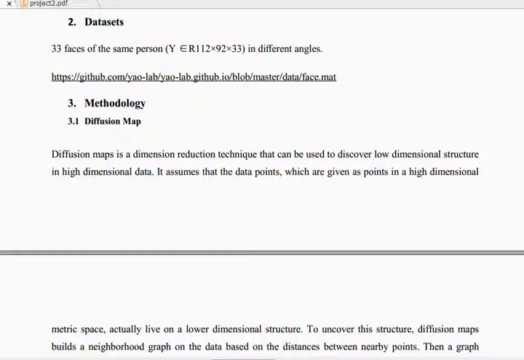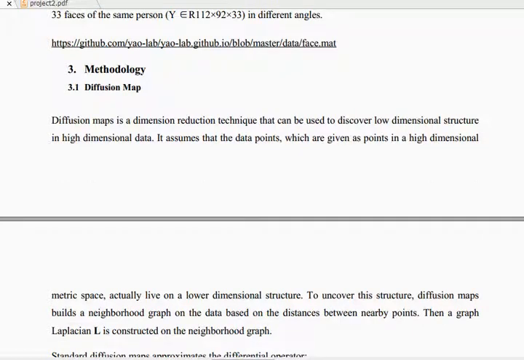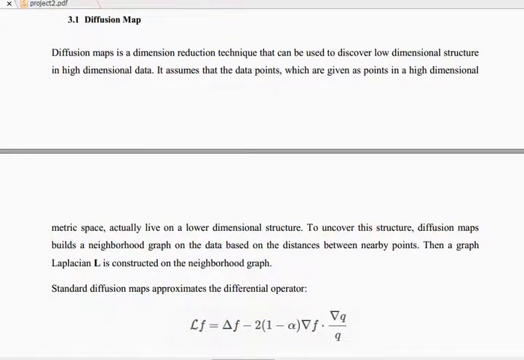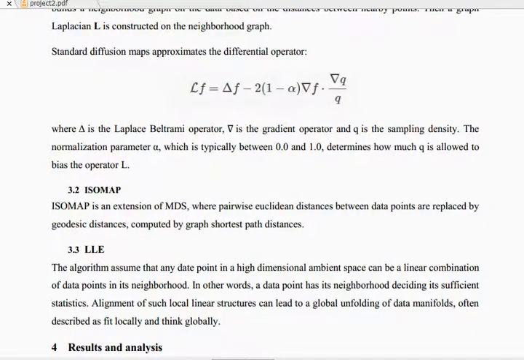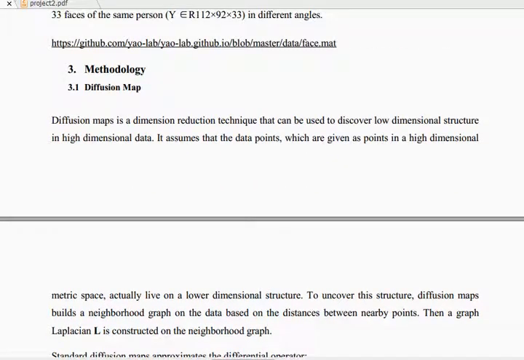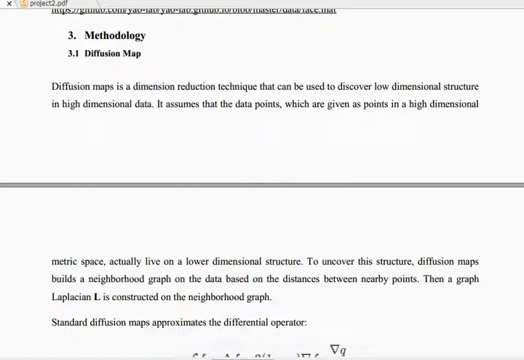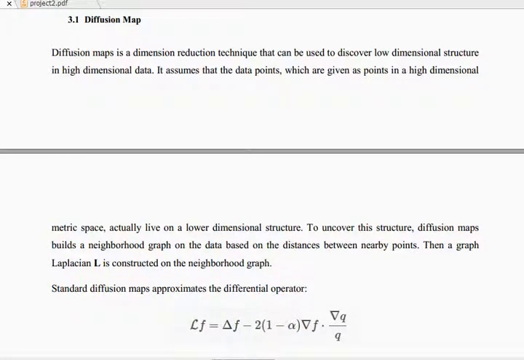I can give you a brief introduction to the methodology: the diffusion map, ISO map, and local linear embedding.